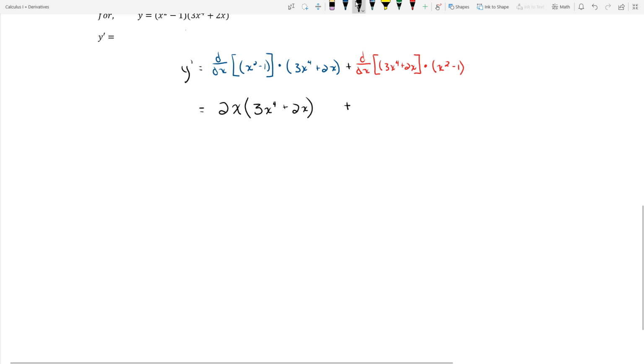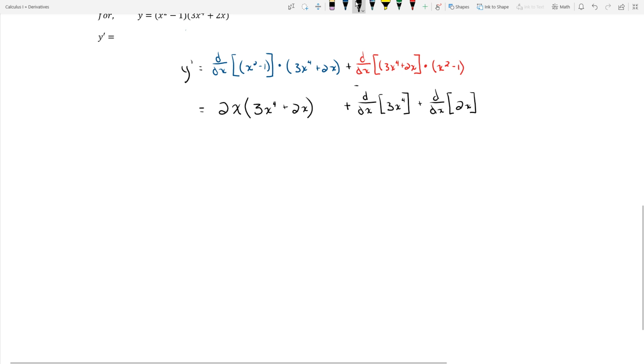So we could say that this is the derivative. I'll just stay consistent. We'll just say the derivative of 3x to the fourth plus the derivative of 2x.